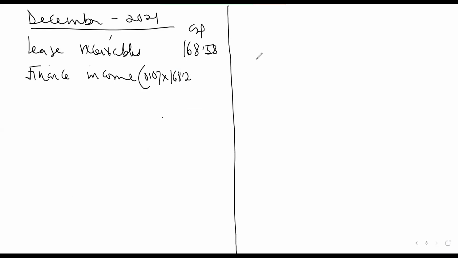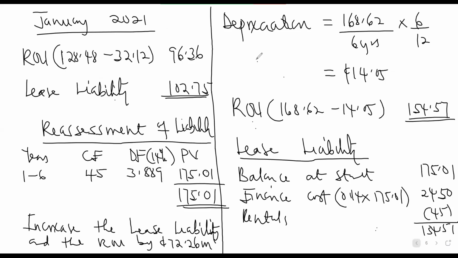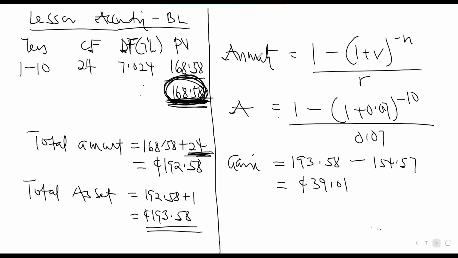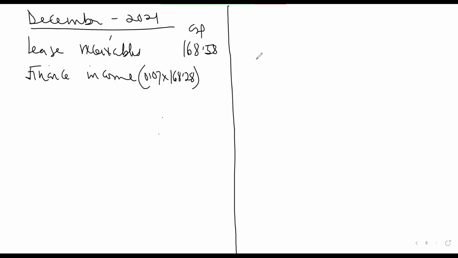Is it 285 or 58? The figure you put in the bracket is not correct, sir. It is 0.07 multiplied by 168.58. And you rather correct 28. Okay. 11.81.